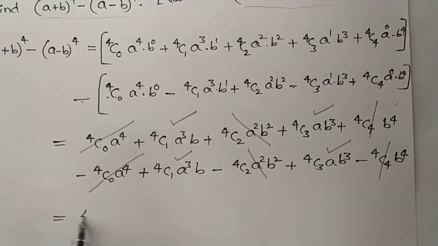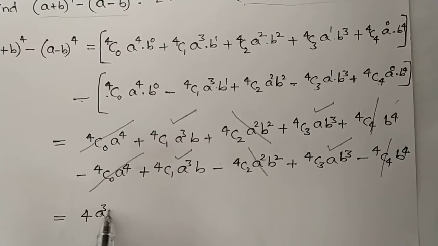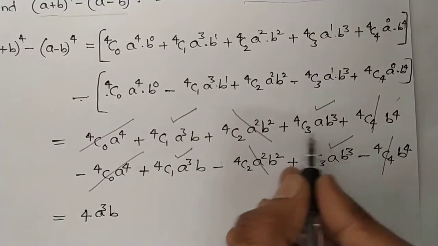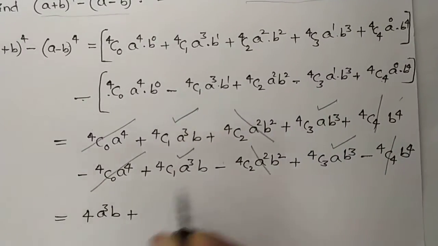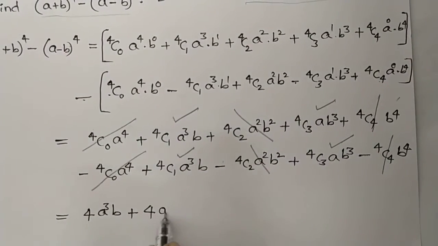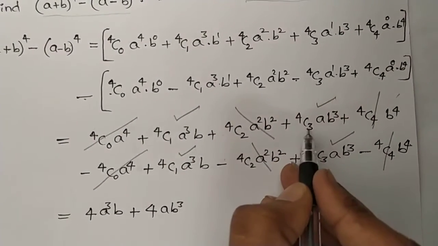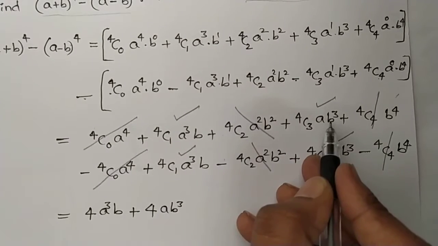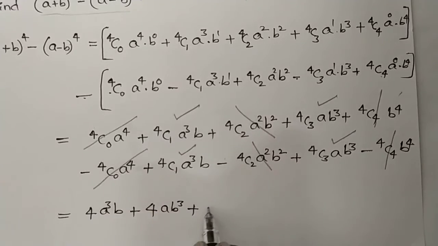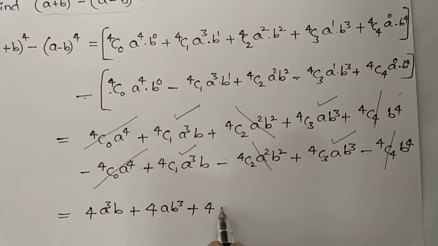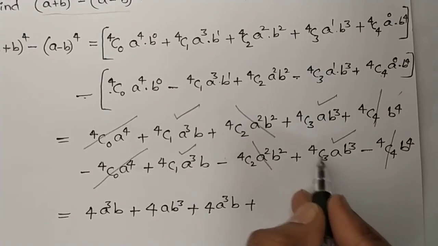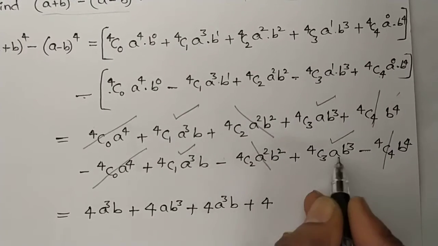4c1 value is 4 a cube b. Next plus 4c3 value is 4 a b cube. Next plus 4c1 is what? 4 a cube b, plus 4c3 value is 4 a b cube.